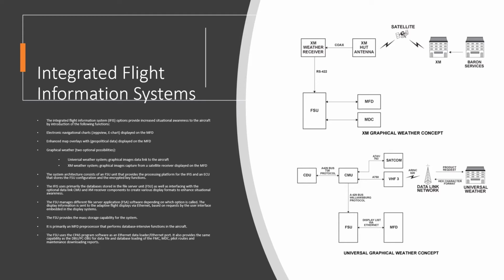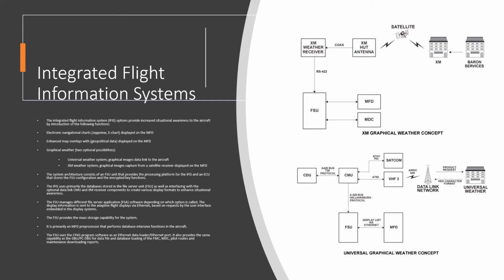The display information is sent to the adaptive flight displays via Ethernet, based on requests by the user interface embedded in the display systems. As we'll see later, if you've got these options, you'll need a modified MFD. We'll talk about that later. The FSU provides a mass storage capability for the system.